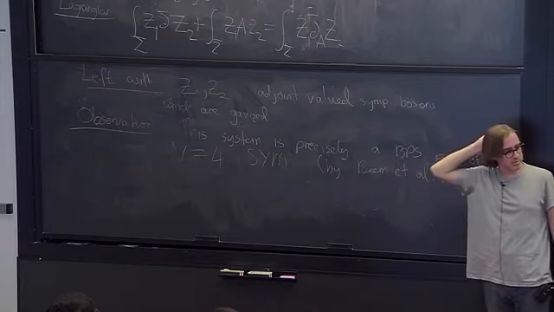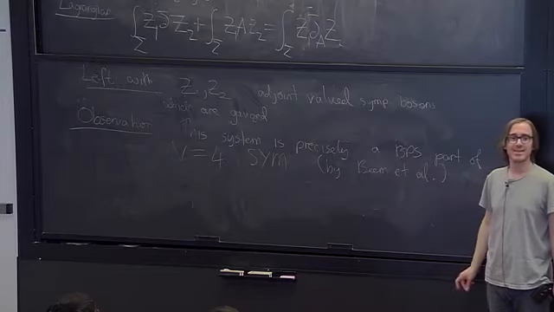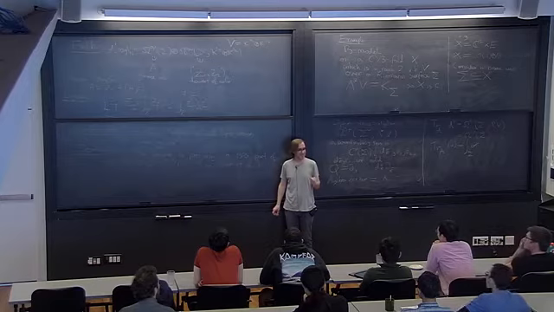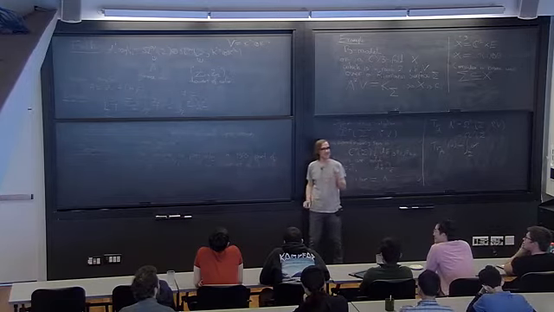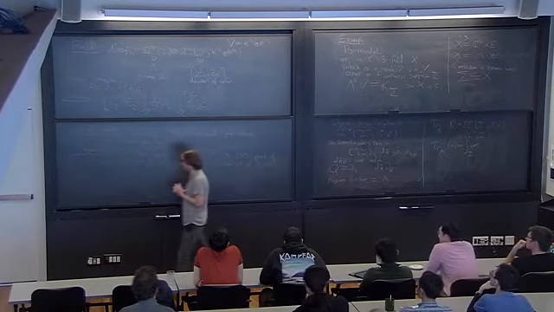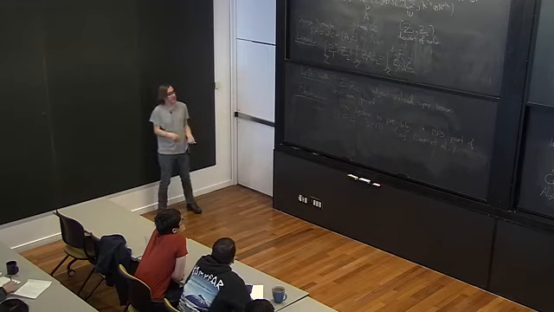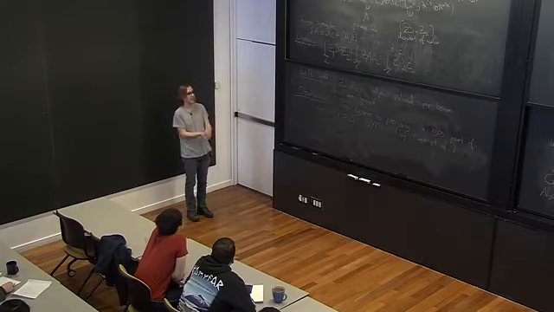I can't remember all their names. They show that for any 4-dimensional theory with N equals 2 superconformal symmetry, there's some kind of localization where you can turn it into a 2D chiral theory.